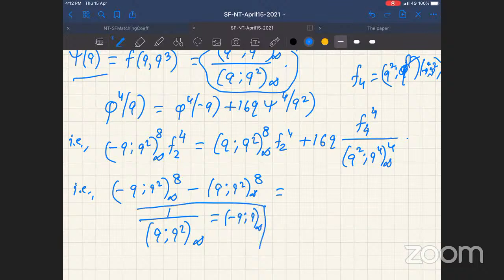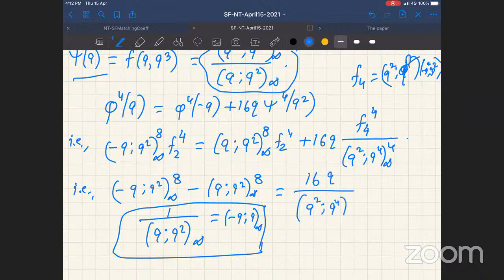This is Euler's identity, which gives the analytic version of his partition theorem, that the number of partitions of n into distinct parts is equal to the number of partitions into odd parts. So applying that, one can easily check that this is nothing but 16q over (q²; q⁴)∞ to the 8.